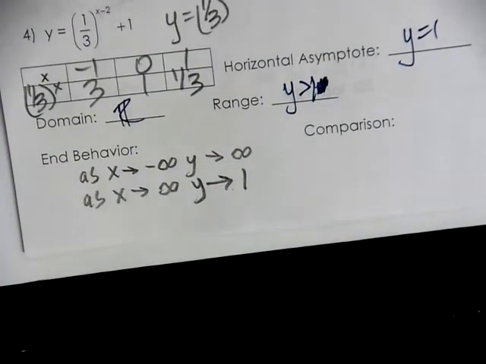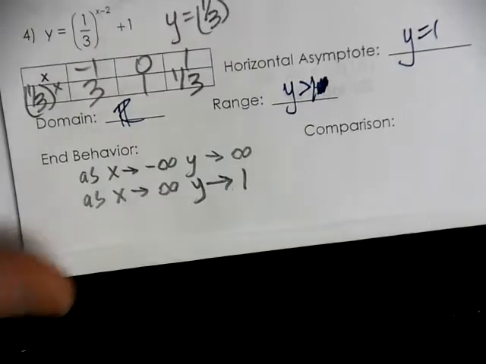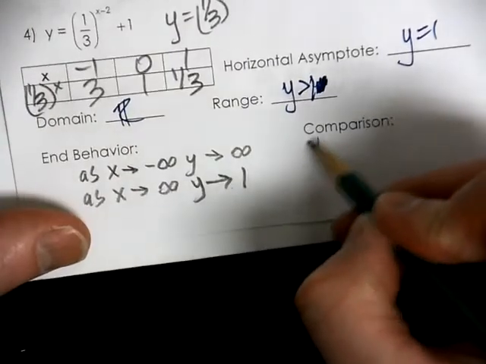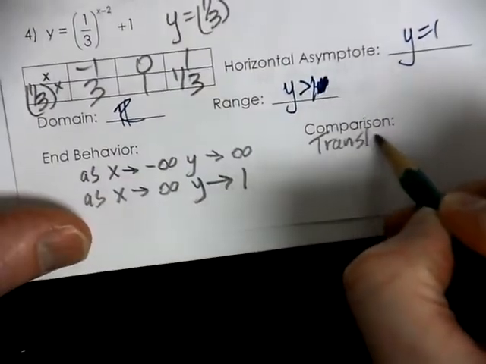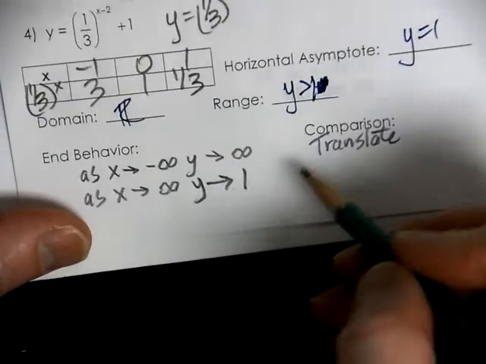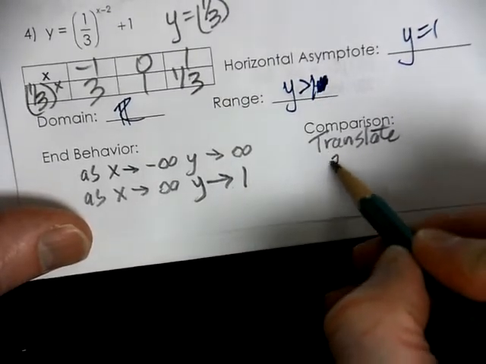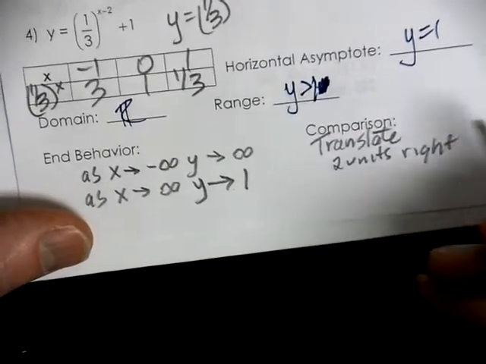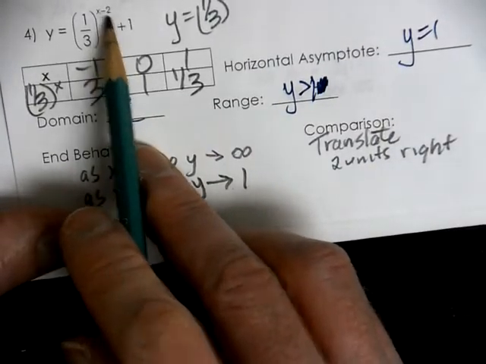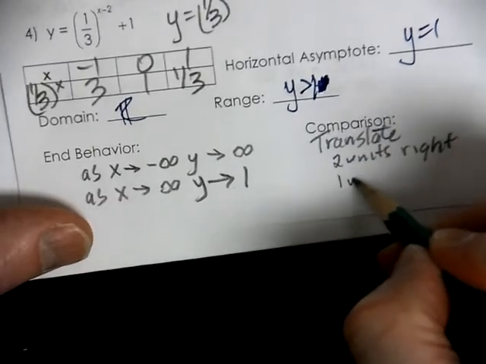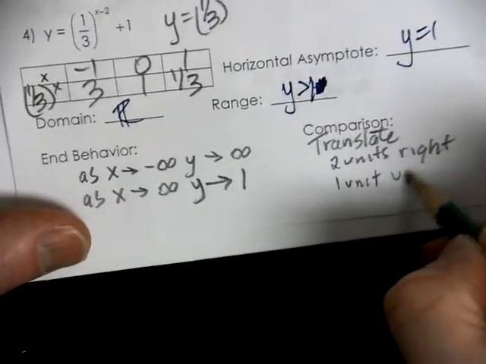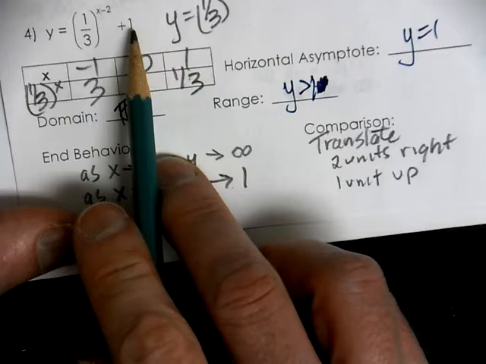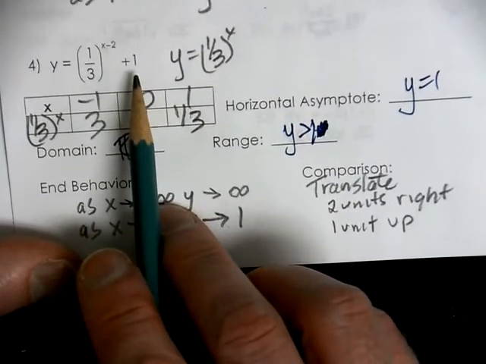It's approaching the asymptote. It's approaching the k value. We're going to translate 2 units right because it's x minus 2 and 1 unit up because it's plus 1. The k value is 1.